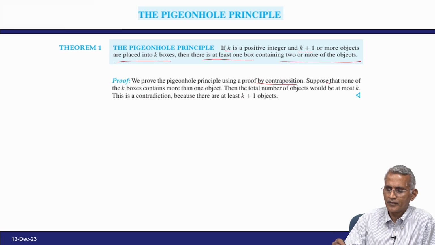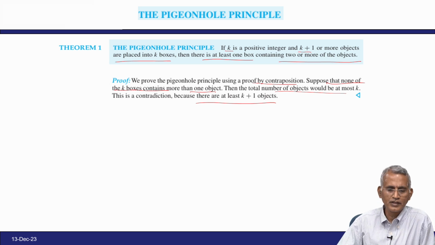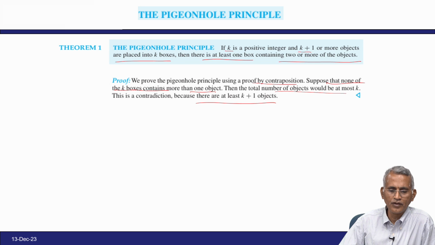Suppose that none of the k boxes contain more than one object, the total number of objects would be at most k. Therefore, this is a contradiction because there are at least k plus 1 objects, hence the theorem. So, this way we can easily prove the pigeonhole principle.